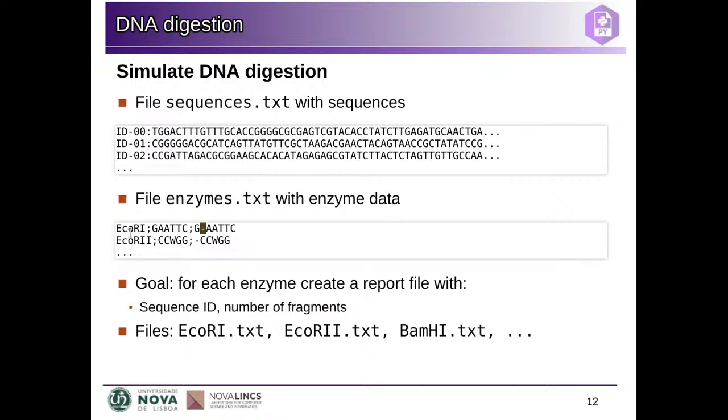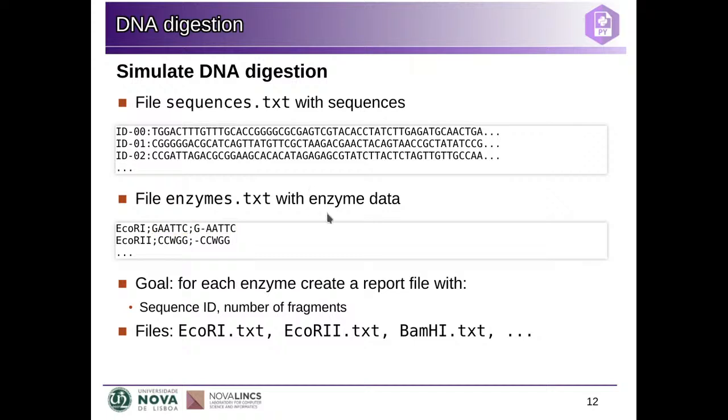So this means that this enzyme EcoRI will find these sequences in the DNA, and it will cut between the G and A here at the beginning. And then we have different enzymes, EcoRII cuts this way, and so on. So this file has one line per enzyme, containing the name of the enzyme, the recognition site, and the cutting point.